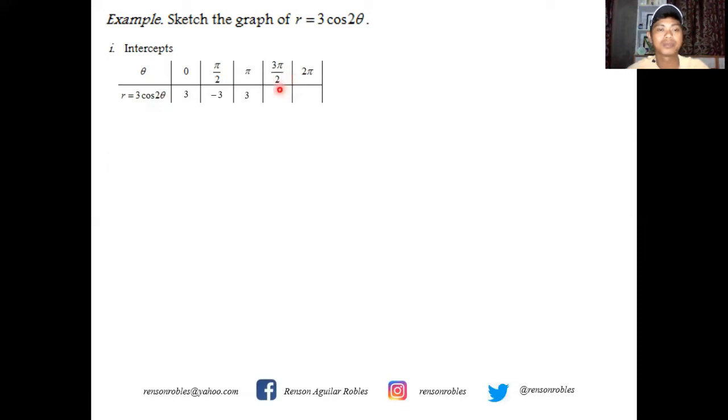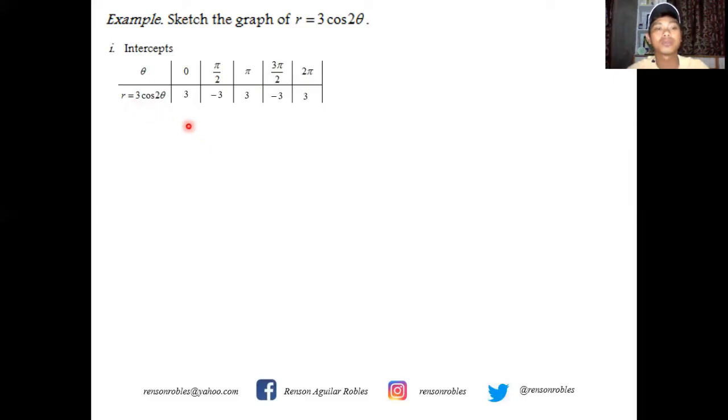Next, 3 pi over 2. 2 times 3 pi over 2 is 3 pi, and cosine 3 pi is negative 1 times 3, that's negative 3. And finally, you have 2 pi here. 2 times 2 pi, that's 4 pi. Cosine 4 pi is 1 times 3, that is 3.